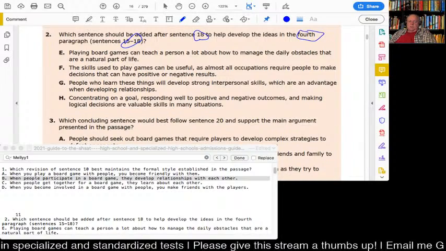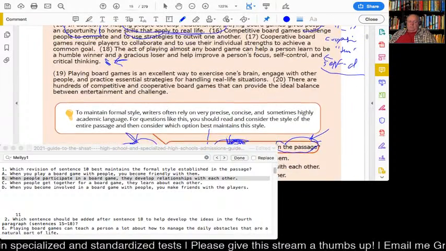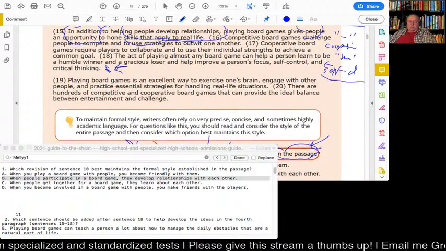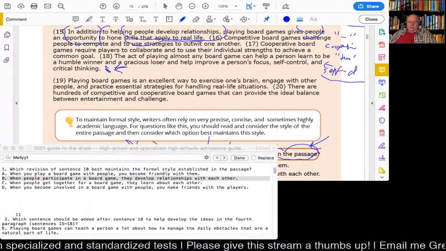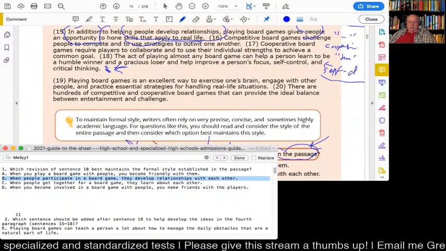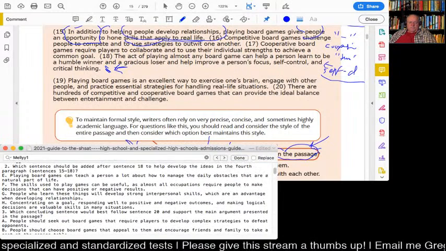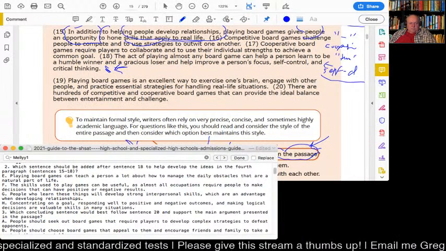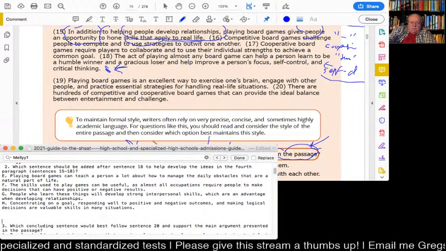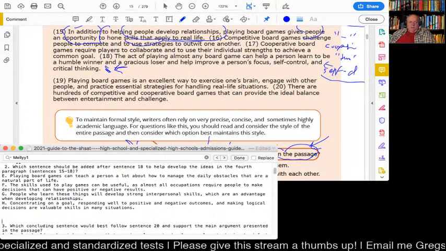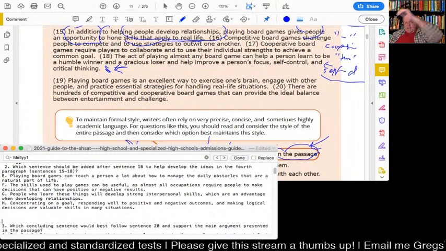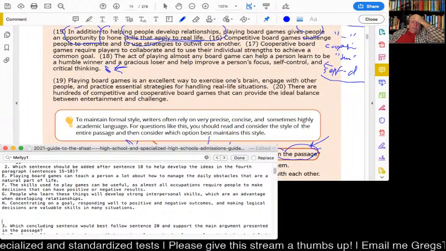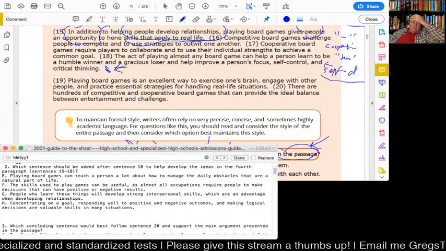So here's what I'm going to do. I'm going to bring it back so that I can see both of these at once. We have the question choices here. Let me scroll that up. We have E, F, G, H. Let's get rid of this because it doesn't apply to that. So which sentence should be added at the end of this? It helps develop the ideas in the 4th paragraph.